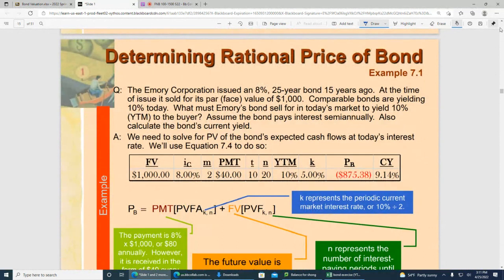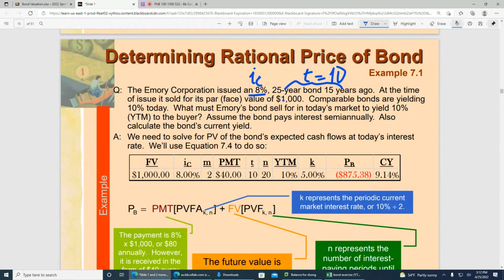The Emory Corporation issued an 8% 25-year bond 15 years ago. So what is this 8%? That means this is the coupon rate, isn't that right? 8% is the coupon rate. And the 25-year bond was issued 15 years ago, so that means we have only 10 years left. From this, we can tell time to maturity is 10 years, right?